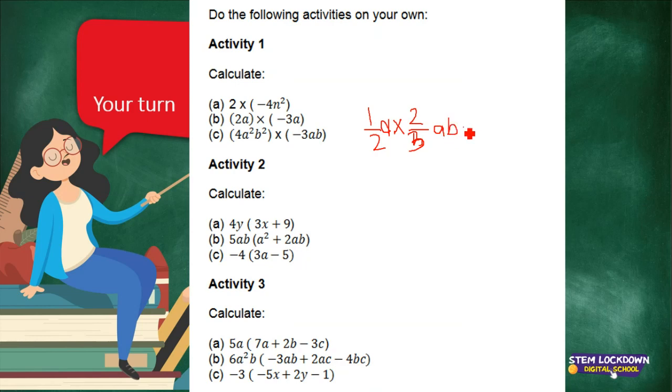In this case, for fractions you multiply the numerators together and you multiply the denominators together. So 1 times 2 is 2, and 2 times 3 is 6, and then you have a times a.